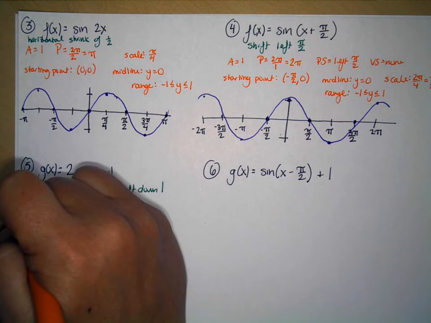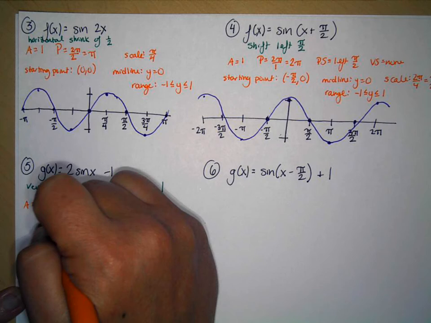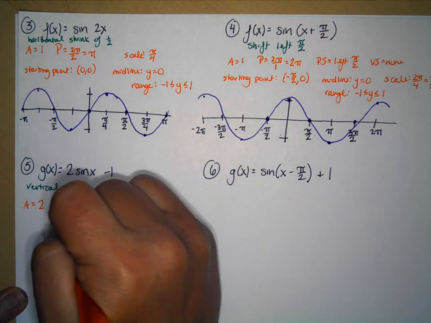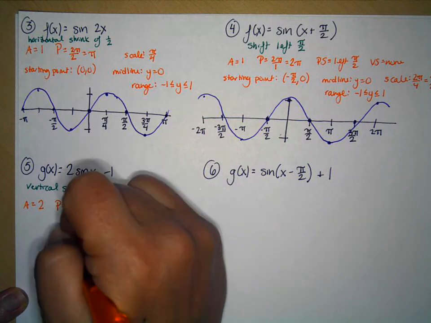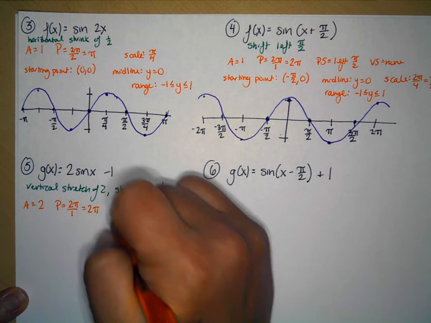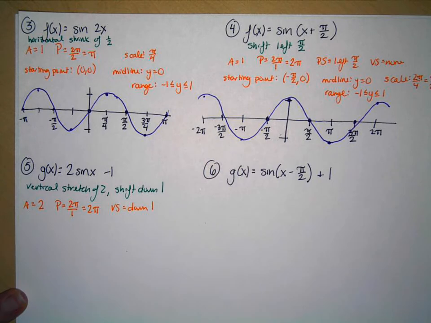All right, our amplitude, the number in front of sine, is 2. Our period, 2 pi divided by our b value, the number in front of our x, we could say is 1. So 2 pi divided by 1 is 2 pi. And we have a vertical shift down 1, no phase shift.